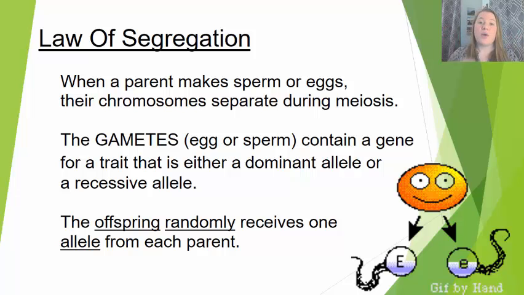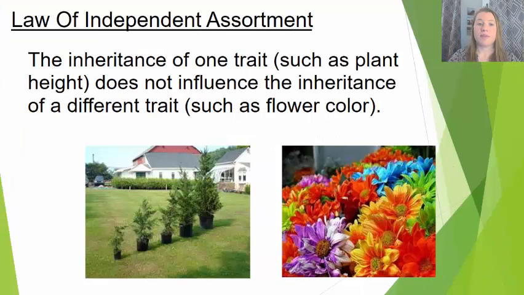So if the parent was heterozygous for a particular trait, it is totally random if the dominant or the recessive copy of that gene is showing up in each egg and sperm cell. So the offspring randomly receive one allele from each parent.